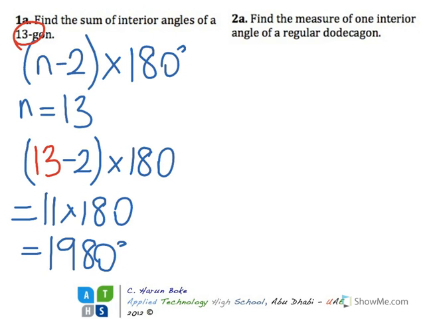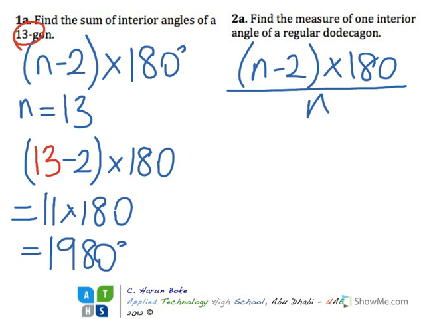Find the measure of one interior angle of a regular dodecagon. Here we are going to find the measure of one interior angle, so the formula I'm going to use is n minus 2 times 180, the sum of interior angles, divided by the number of sides. So this is the formula. And here, a dodecagon has 12 sides, so n equals 12.